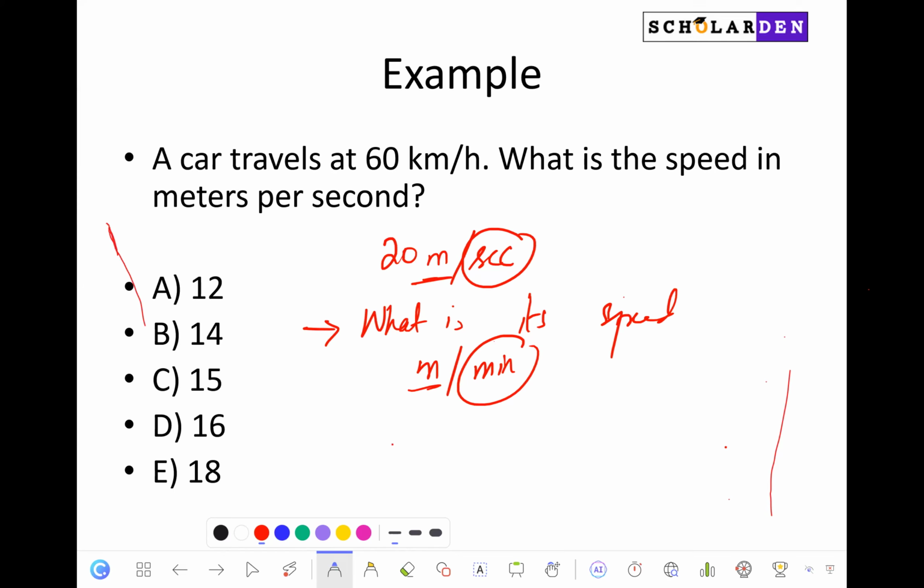First of all, we write this 20 meters in 1 second. Now, how do we go from second to a minute?